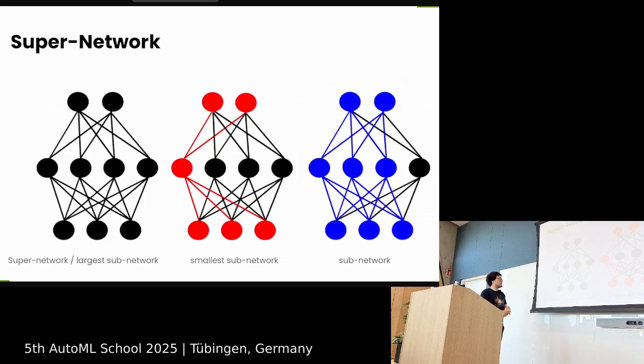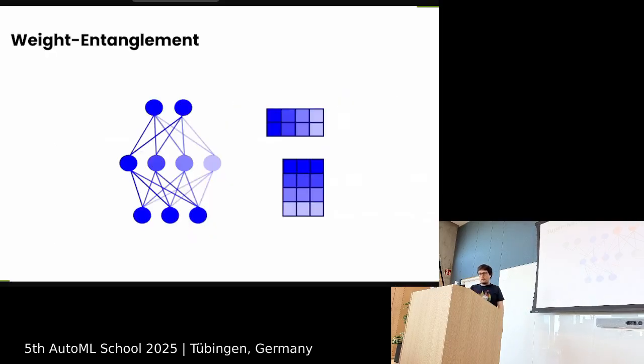Now the idea is to train this with gradient descent, and then you just take a subset of the weights, evaluate it, and see how it performs. And there's this concept of weight entanglement, because if you train the super network, you train all the weights at the same time. But later on, some weights end up in your subnetwork and others don't.